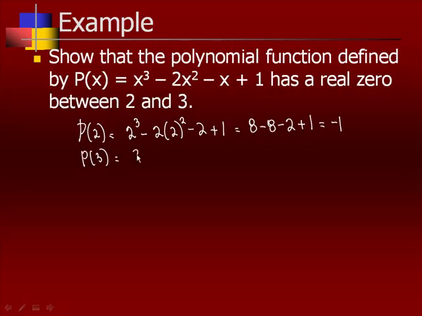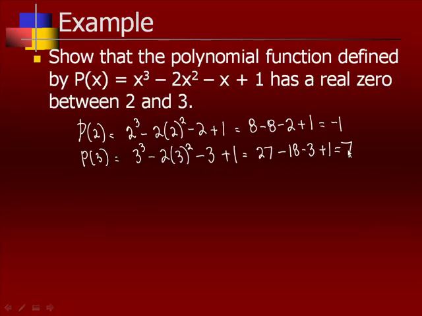Now, p of 3 is 3 to the third minus 2 times 3 to the second minus 3 plus 1, which is 27 minus 18 is 9, minus 3 is 6, plus 1 is 7.